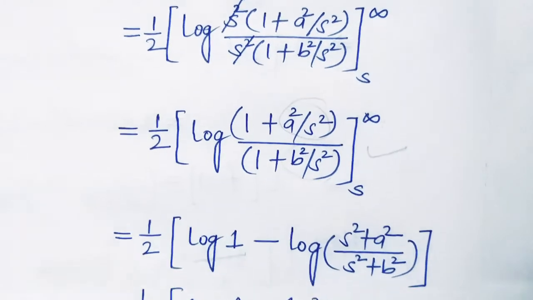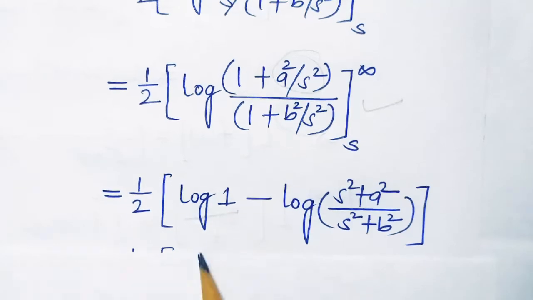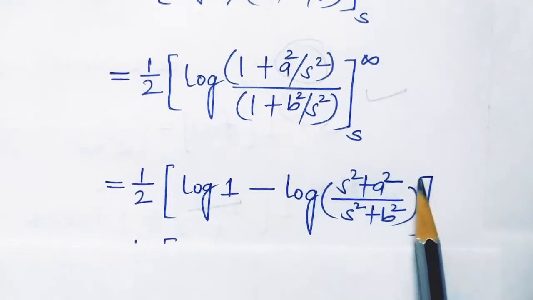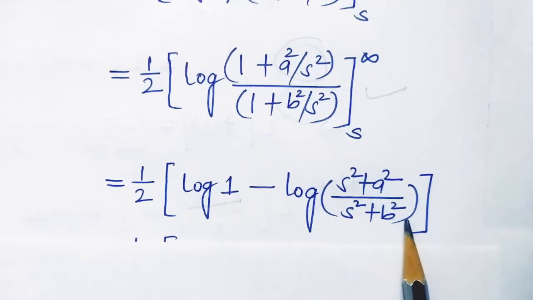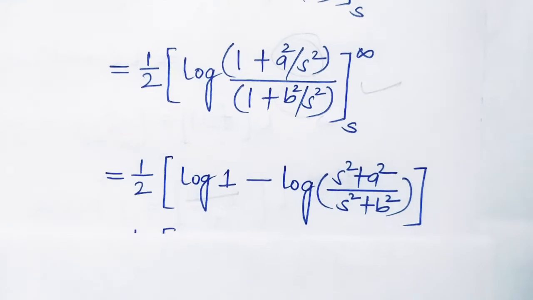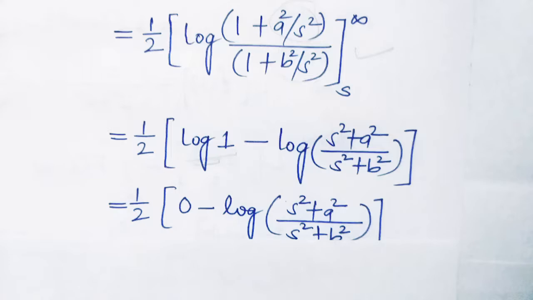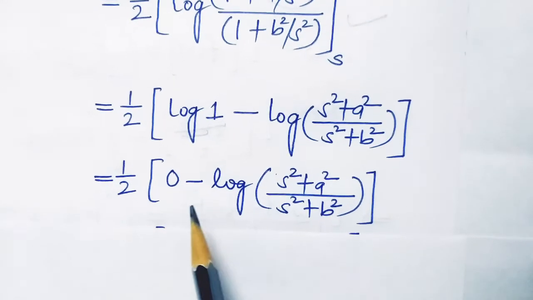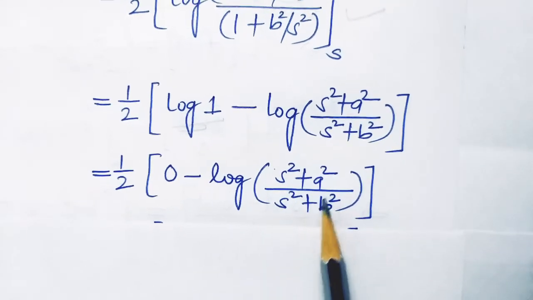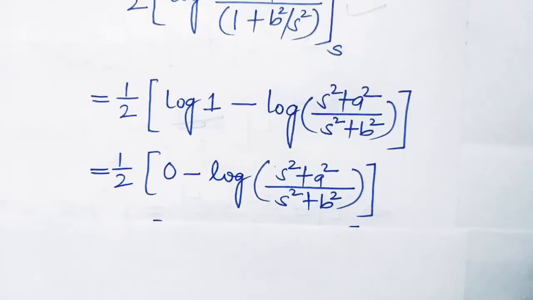So in the next step, we can have log of 1 minus log of (s square plus a square) divided by (s square plus b square), with 1 by 2 outside. And what is the value of log of 1? Which is 0. So we can write 1 by 2 times 0 minus log of (a square plus a square) divided by (a square plus b square).